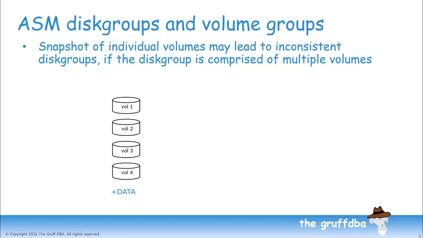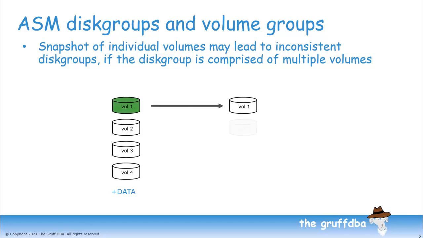So, let's talk about volume groups. In an earlier video, I showed how to create a multi-disk ASM disk group on a Dell PowerStore. Oracle recommends using at least 4 disks in an ASM disk group, and there are clear performance advantages to doing so that we'll cover in a later video. But one problem of using multiple volumes for an ASM disk group is that if we want to create a storage snapshot, how do we snapshot every disk in the disk group?